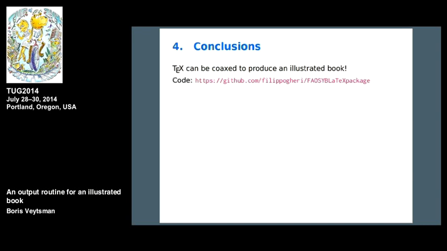A little bit about the code. I always try to put my code on CTAN, but here I really don't know what to do because I don't think people should create books which look like the Food and Agriculture Organization of the United Nations statistical yearbook. On the other hand, I didn't spend time factoring out what would be just this part of the OTR, because I don't know whether people are so much interested.